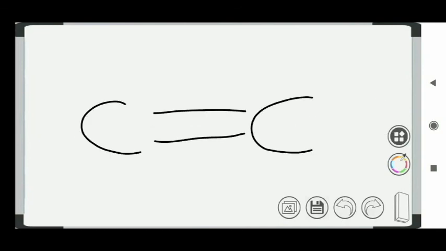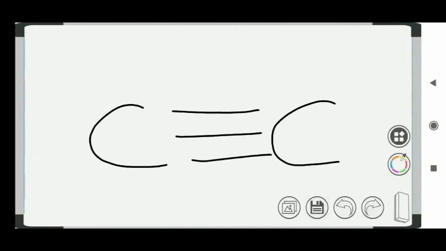Then if the carbon is made up of a double bond, it's an alkene, or olefin. Here you are going to see the presence of an additional pi bond. Then if the carbon is made up of a triple bond, it is an alkyne or acetylene. So these are about the aliphatic compounds.